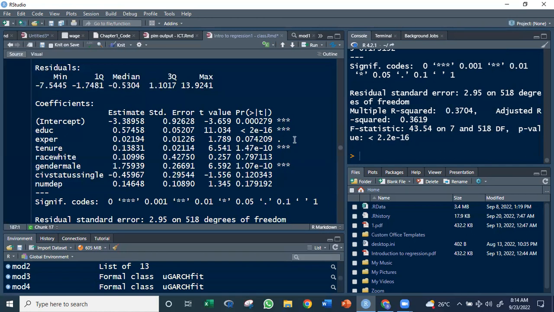So if we are strict with the 5% level, experience is not significant, and we will not include it in our model. Tenure is significant at 0.001, so this is definitely statistically significant. So what's the marginal impact of tenure on hourly wage? For every 1 year increase in tenure, there's a corresponding $0.13, or $0.14 rounded off, increase in hourly wage, ceteris paribus.